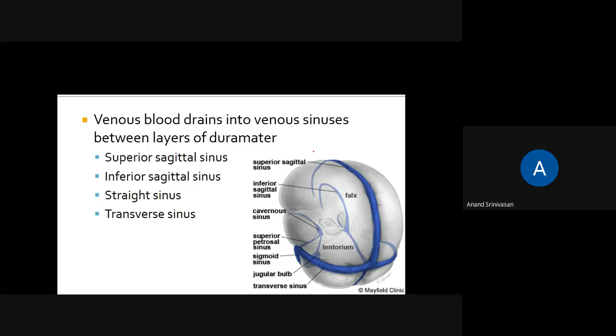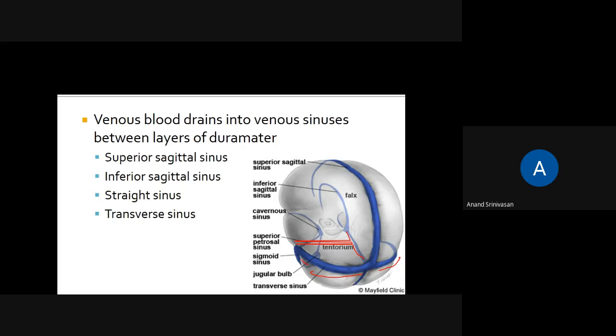Okay, so here we are seeing those things in detail again. This is the superior sagittal sinus and this is the inferior sagittal sinus. The inferior sagittal sinus continues as the straight sinus. The straight sinus continues as the transverse sinus.